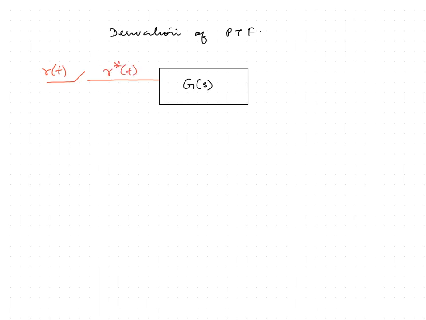The sampled input is given by r star of t. As discussed, when you give an impulse train, we can see that the output will be a continuous one. So, if you give a sampled input also to a continuous time system, the output c(t) will be continuous.